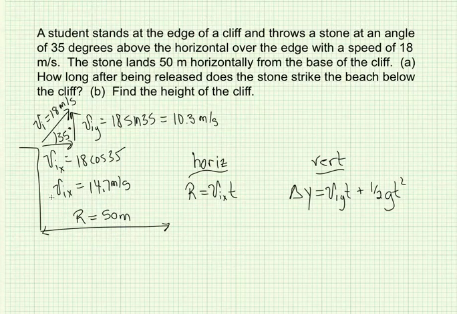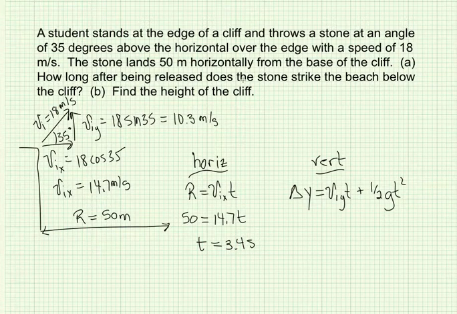I have the initial velocity in the x direction. I can go right to my horizontal equation to find the time. So I've got my range is 50 meters. My initial velocity is 14.7, that's in the x direction. Notice I'm not putting in the 18. I solve for the time, and that gives me 3.4 seconds.